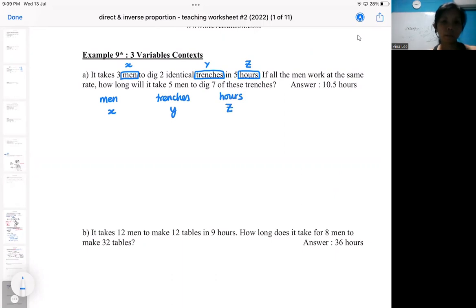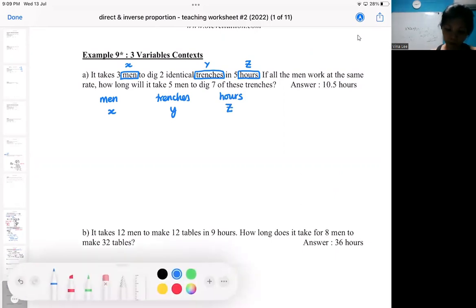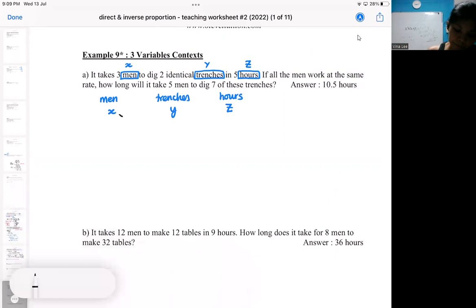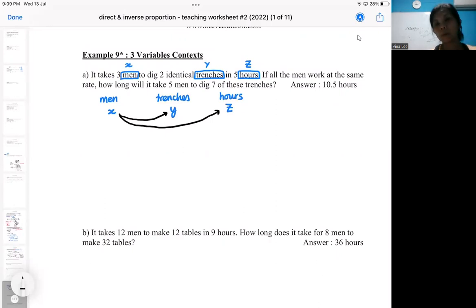So how are we going to explore the relationship? You will explore it in this way. I'm going to explore the relationship between the number of men and the number of trenches. When you explore that, you're going to assume that the time is the same amount of time. If you want to, you can think about 5 hours.